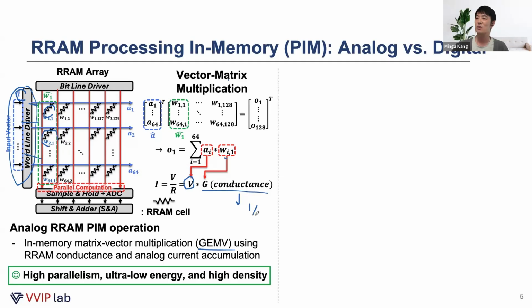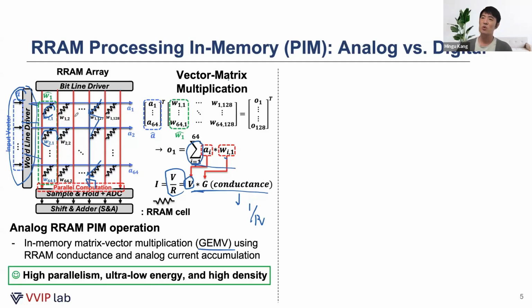Conductance is nothing but 1 over R, so V divided by R is nothing but current. Each individual cell generates a current which corresponds to the multiplication. All of the rows perform the same operation so that the currents are summed up, exactly following the dot product operation.